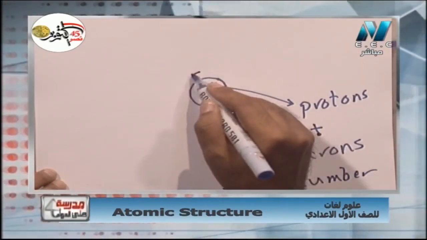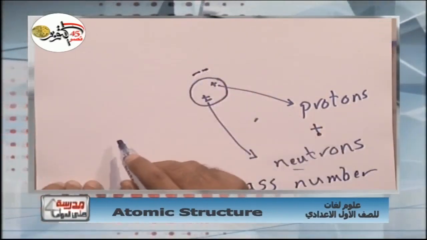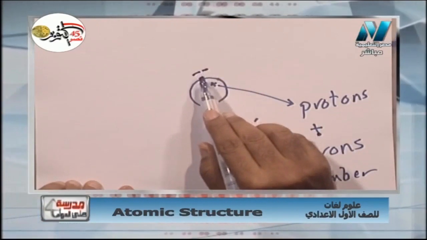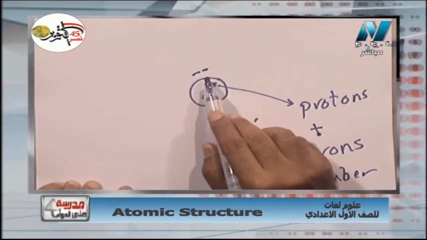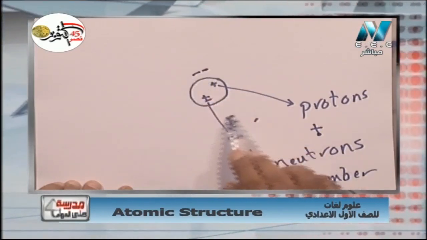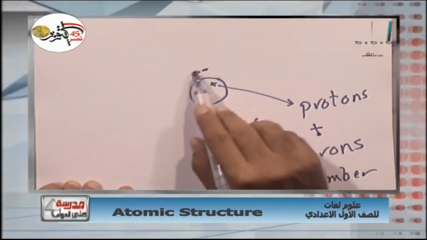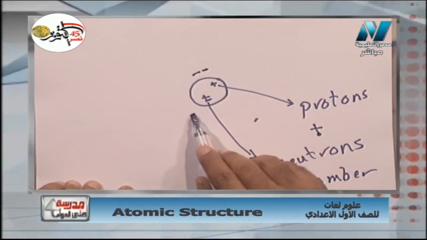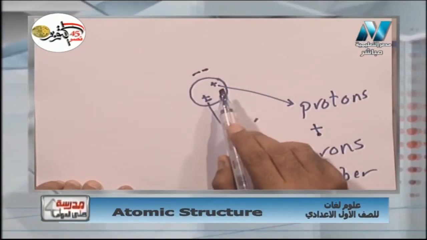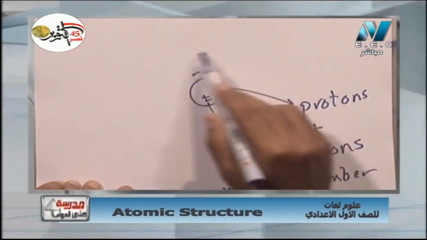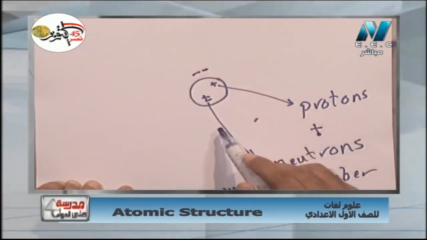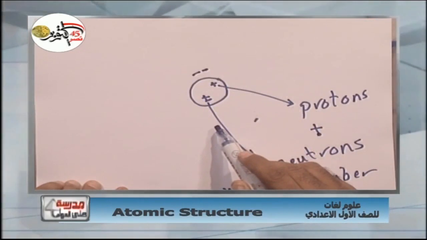Number 2, electrons. Electrons are negatively charged particles that revolve around the nucleus at very high speed. You imagine that there are some circles around the nucleus, but in fact there are no circles.